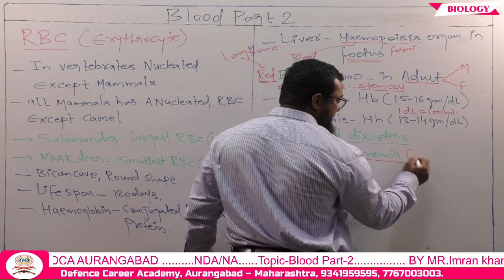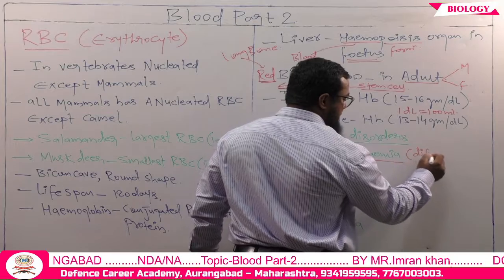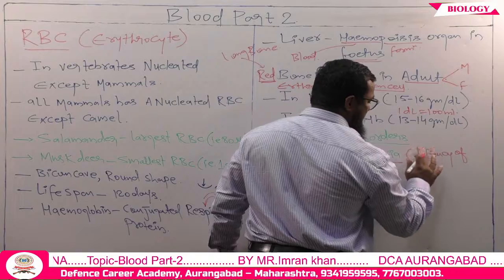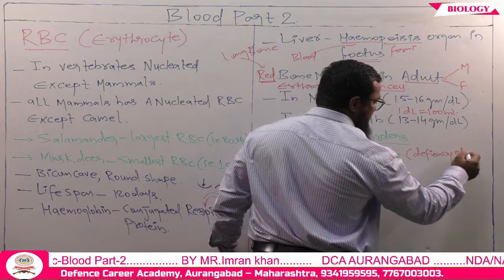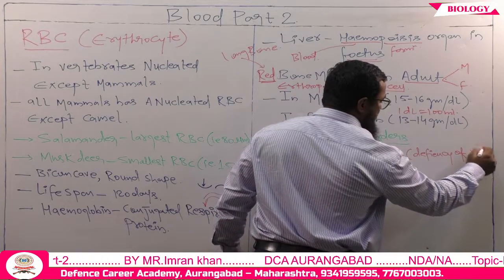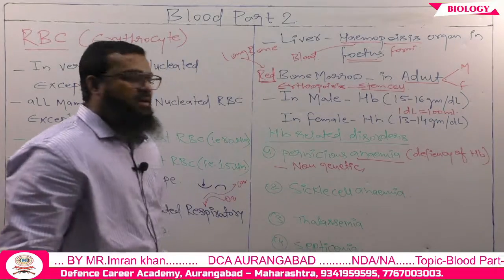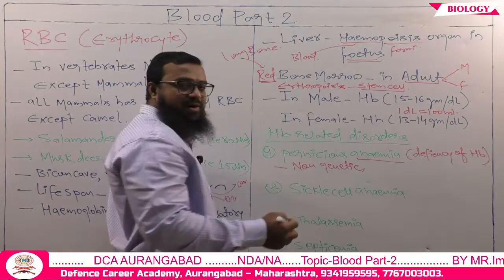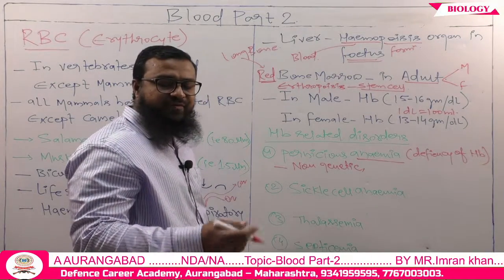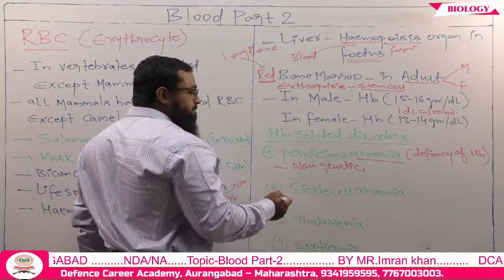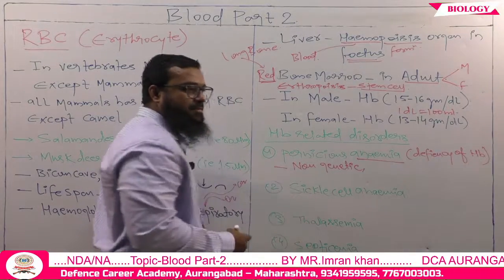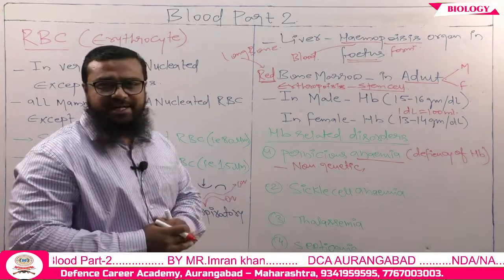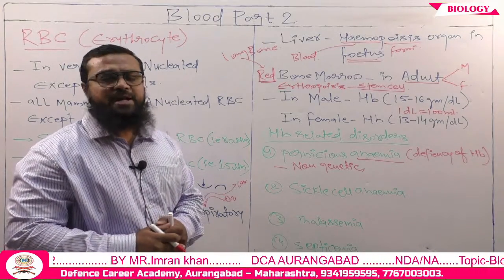Anemia is basically deficiency of HB, or the amount or concentration of HB decreases. It is non-genetic. It doesn't come from the parents to their offspring. That's why it is non-genetic. This is commonly found anemia.